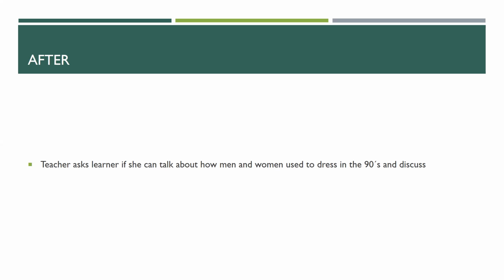And the teacher discusses her answer with her. If she says no, maybe the teacher can motivate her into being more confident. The teacher can make a number of comments about her answer.